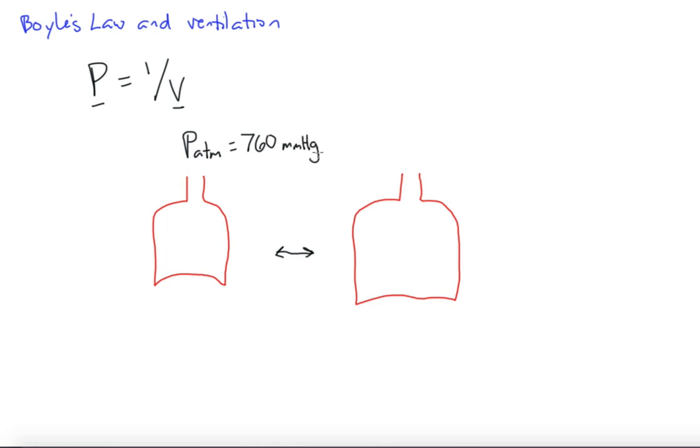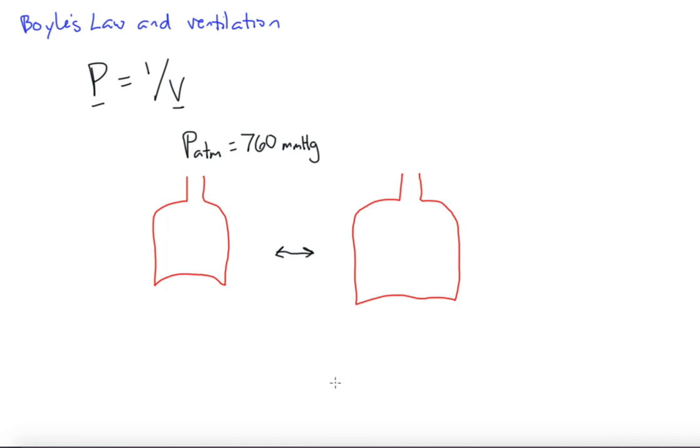And millimeters of mercury is a common unit. There are a few other units that are used sometimes, but we're going to stick with millimeters of mercury. And again, that's a constant. Unless the weather changes, it can shift a little bit, or you go to higher altitude, then it would fall. But as you sit in one location, and the weather's not dramatically changing, atmospheric pressure is relatively constant.